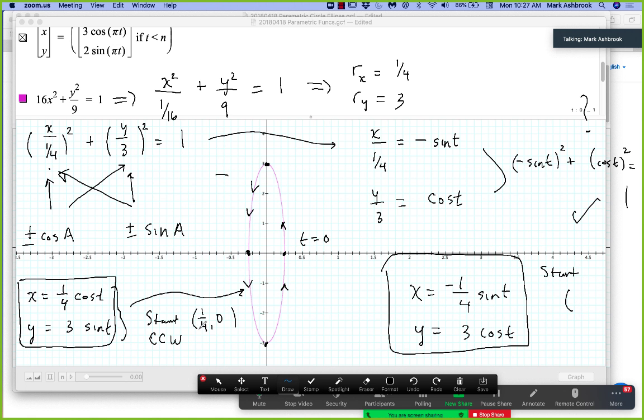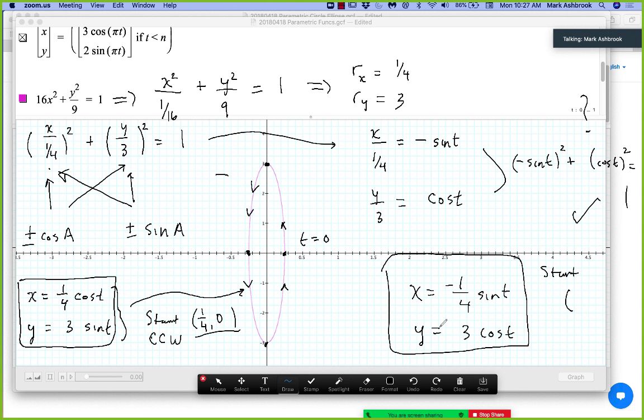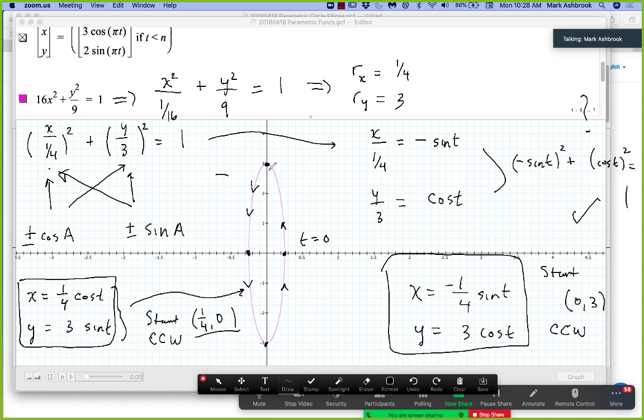Don't hesitate to speak up. All right, so this one starts at 0, 3, and generates counterclockwise, because as t increases, your x goes from 0 to negative 1/4, and your y decreases from 3 to 0, so that's also counterclockwise.